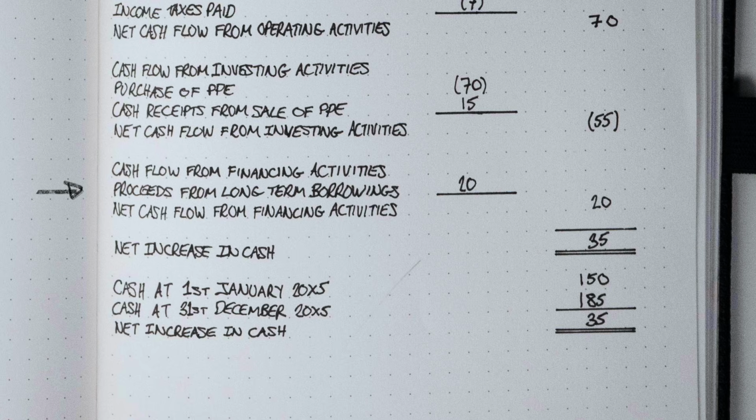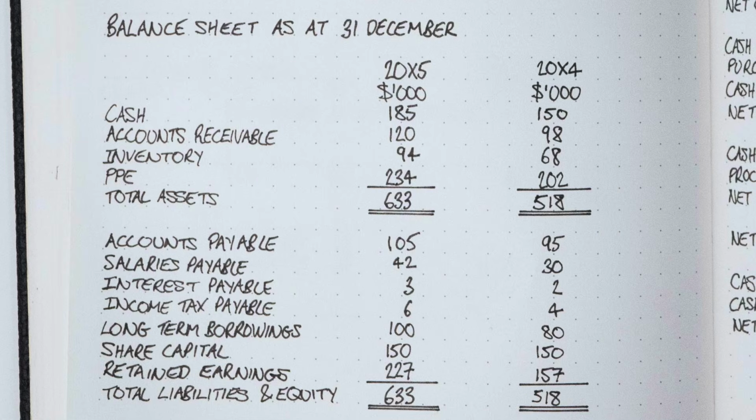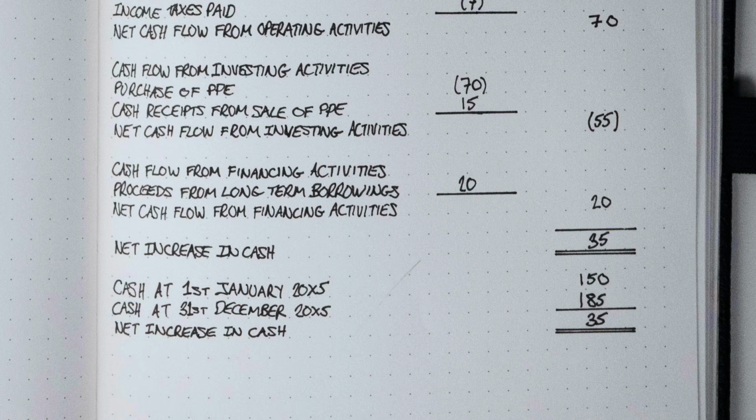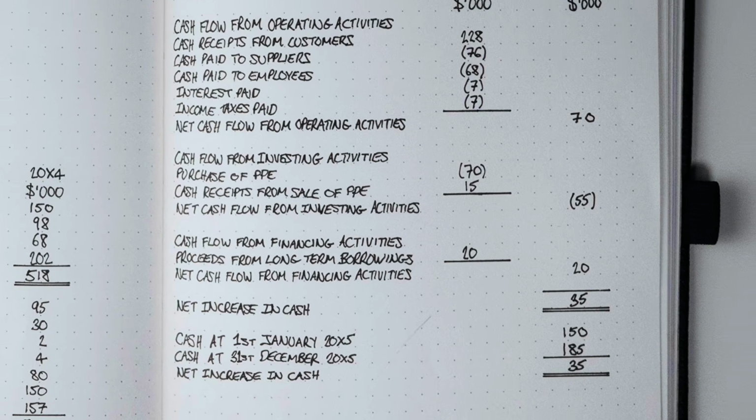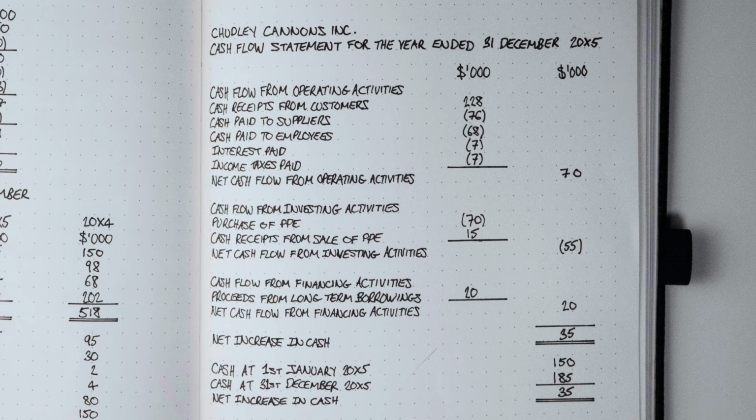And the number is very simple to calculate. We take the closing balance of long-term borrowings in the current year balance sheet of 100 and we take away the closing balance from the previous year of 80. 100 less 80 is 20. So we have a net cash inflow of $20,000 from financing activities. Now let's take the total of all these cash inflows and outflows that we have worked out.